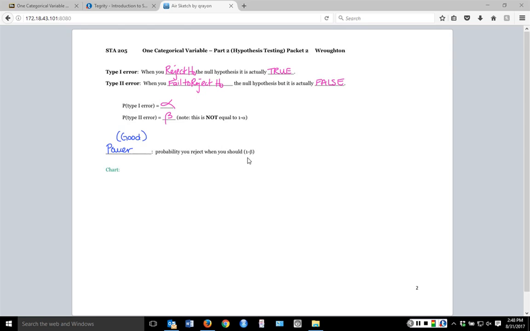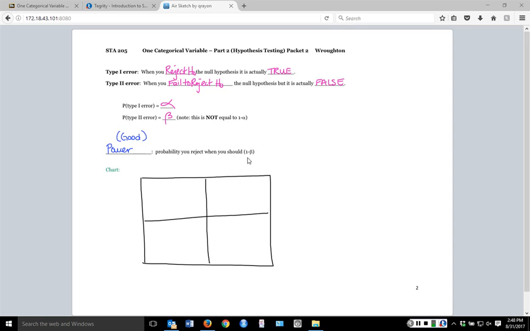So it's a lot of information, a lot of probability that's showing up. We're going to try to summarize this together in a chart to see if the chart helps explain what's going on. Alright, so there are going to be 4 total possibilities. Over here, we're going to put our decision.